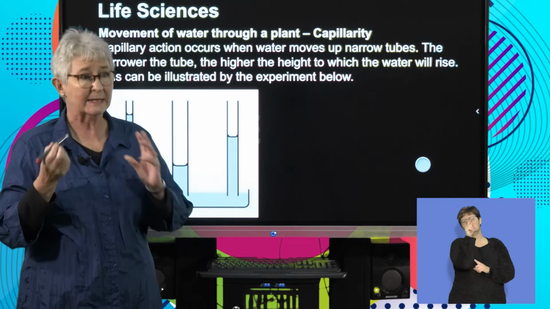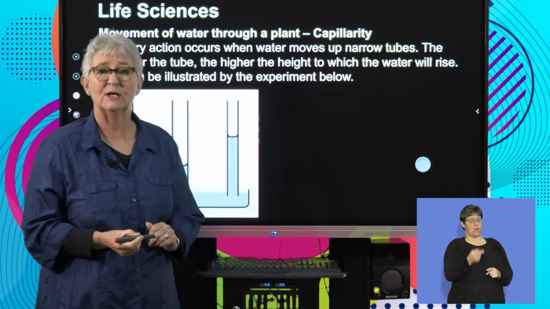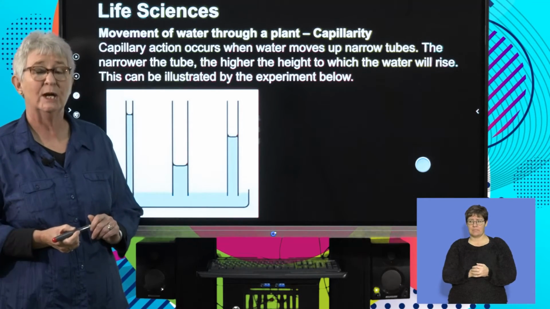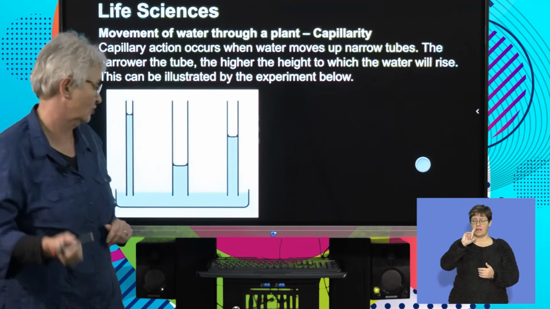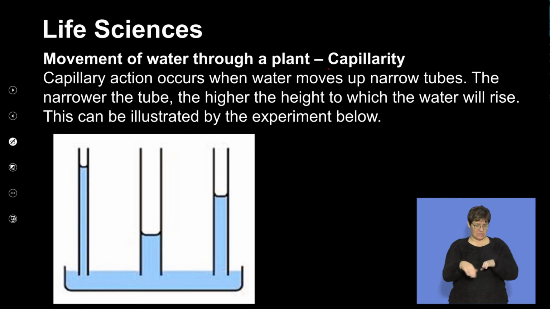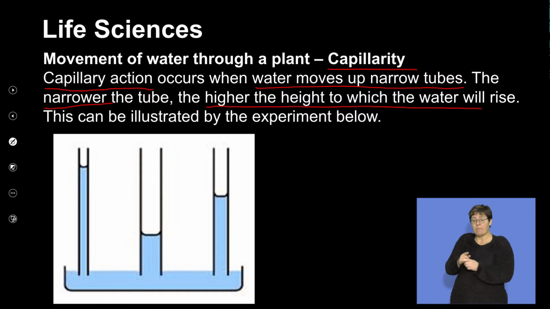So the next theory they looked at was something called capillarity or capillary action. What that says is that water moves up narrow tubes. And the narrower the tube, the higher the height to which the water will rise.